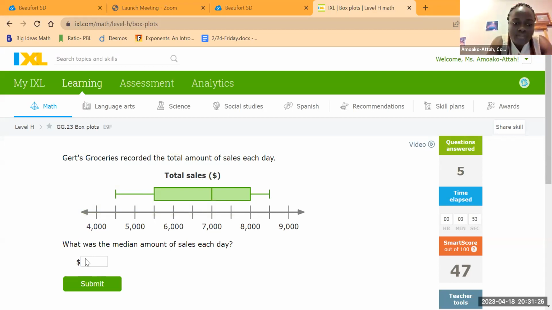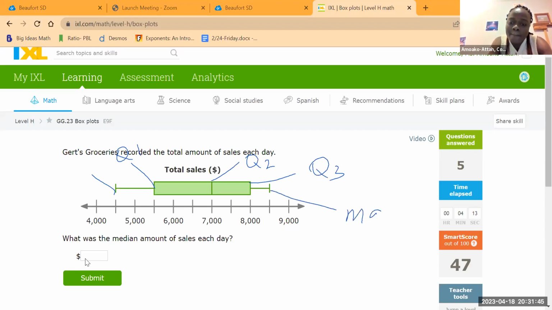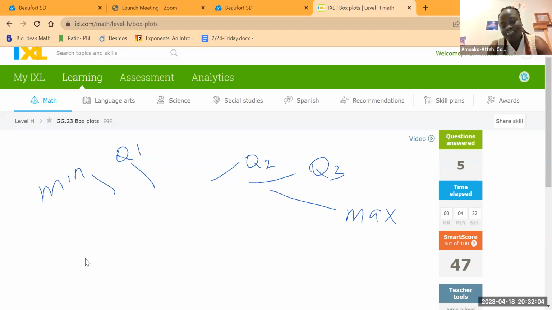Don't forget that we have this to be the minimum, this to be our Q1, this to be our Q2 or the median, this to be our Q3, and this to be our maximum. So our median is a Q2, and a Q2 is on 7,000. That's all. They just want to find out whether you know that Q2 is the same as the median.